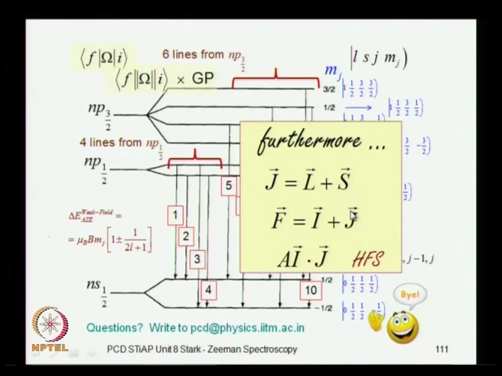Nevertheless, it is an important one, and this is what gives rise to the hyperfine structure coming from this I dot J interaction. Just like you had the L dot S interaction, you now have the I dot J interaction, which gives you the hyperfine structure.